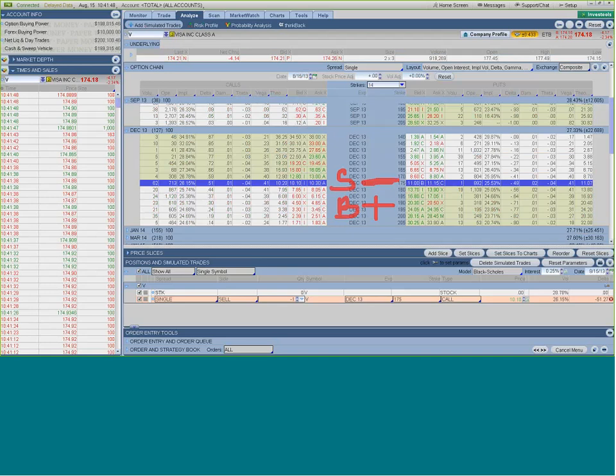So if the stock goes up above 175, whatever we lose on the 175, we'll make back on the second one. It's called a vertical spread because we look vertically at the strike prices. So we sold the 175, and we'll buy, let's say we'll go up $10, we'll buy the 185.